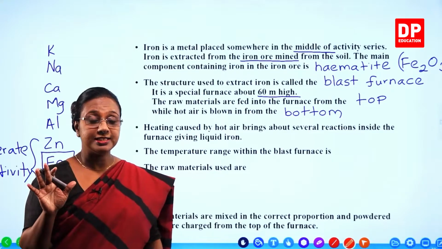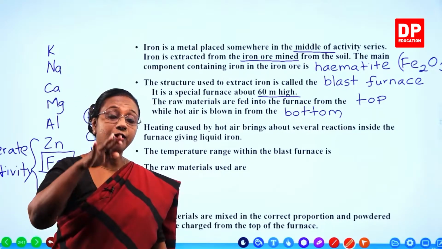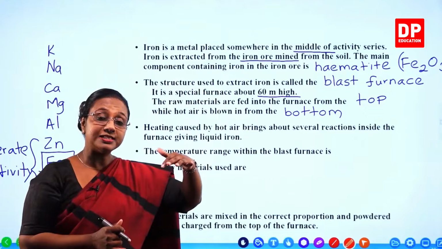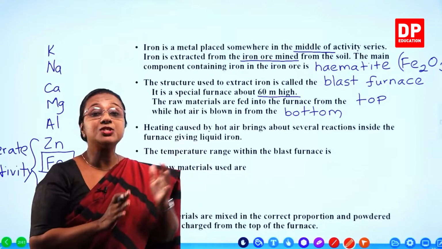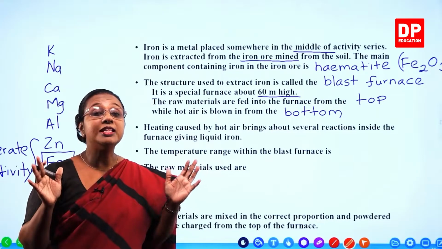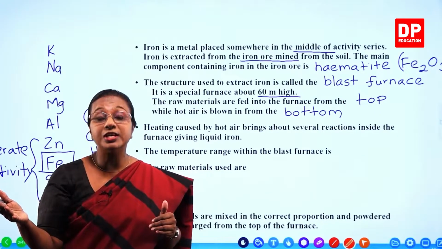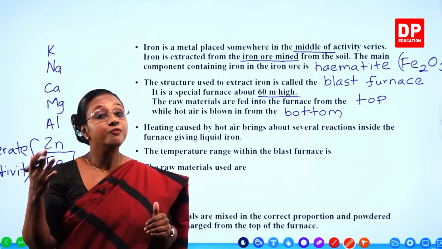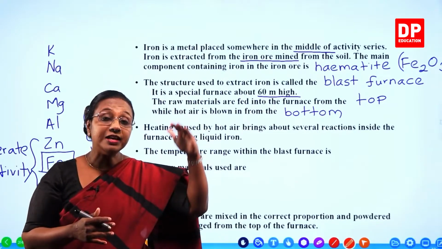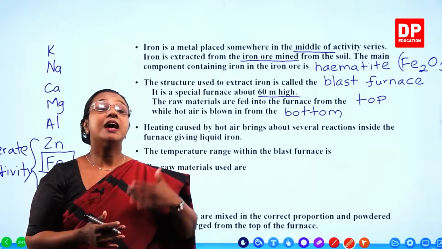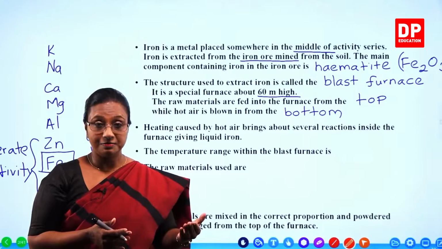So can you all understand that? There is hot air flowing from the bottom and the raw materials are introduced from the top. Because of the high temperature, usually there is a temperature range between 1000 degrees and 1900 degrees Celsius. Very high temperature. And within this temperature range, there are many reactions taking place.